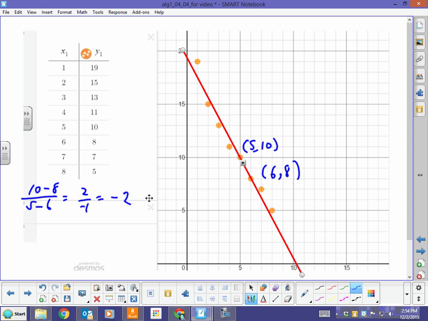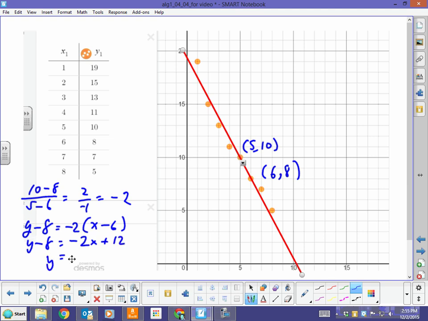And then it looks like, I really don't know if my y-intercept is up here. Well, I can use point slope for this. So y minus, I'll use 10 and 5, or I'll use 8 and 6. y minus 8 equals negative 2 times x minus 6. y minus 8 equals negative 2x plus 12.